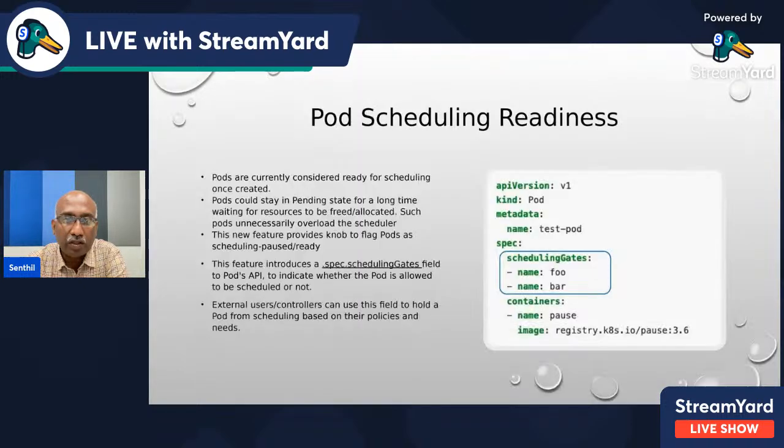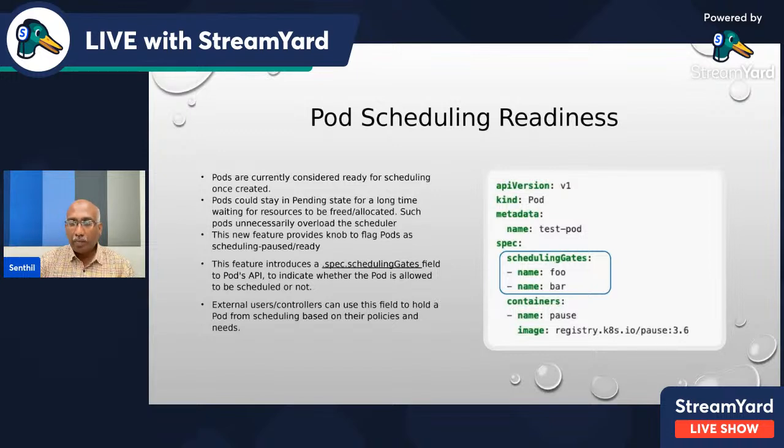The next feature added in version 1.26 is pod scheduling readiness. Let me give you some background on why this feature has been introduced. As you know, pods are currently considered ready for scheduling once created.